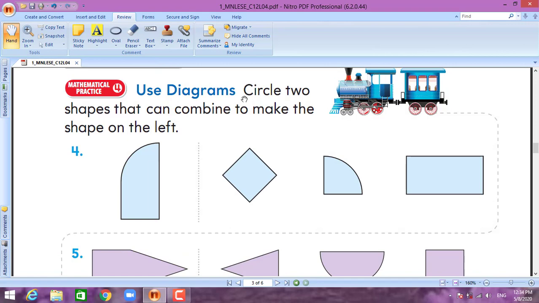Use diagrams. Circle two shapes that can combine to make the shape on the left. Let's cut this shape first to see the two shapes that when we combine them make this shape.